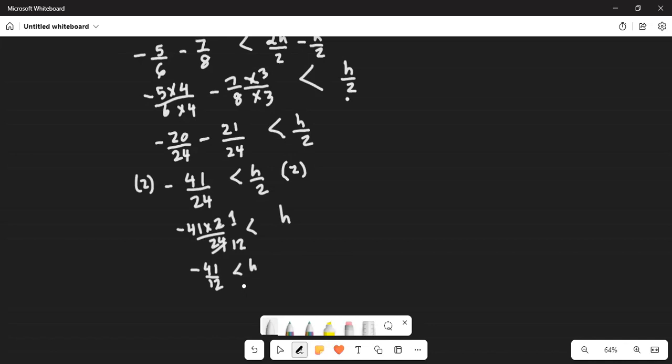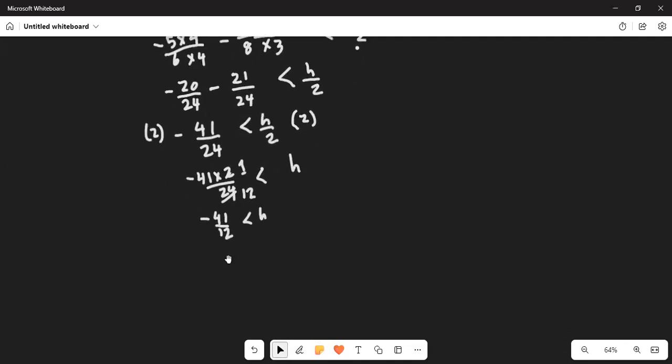Okay, so now I will flip, which means I will move the h from the right-hand side of the inequality to the left-hand side. When I move the term from the right-hand side of an inequality to the left-hand side, the direction of the inequality will also change.